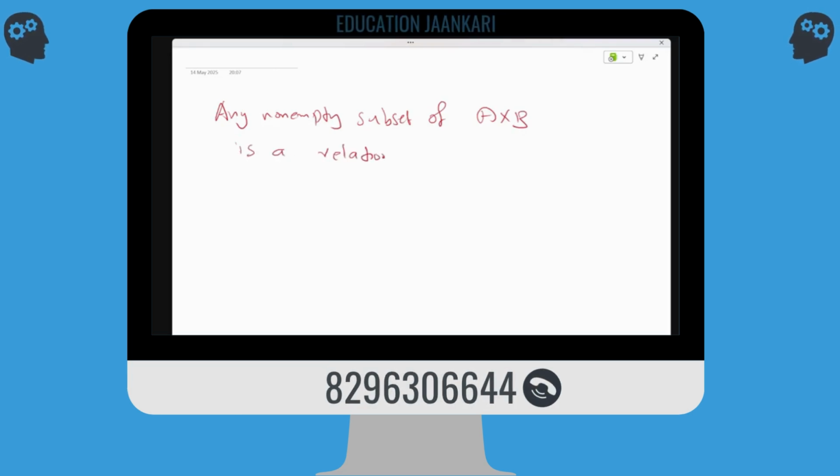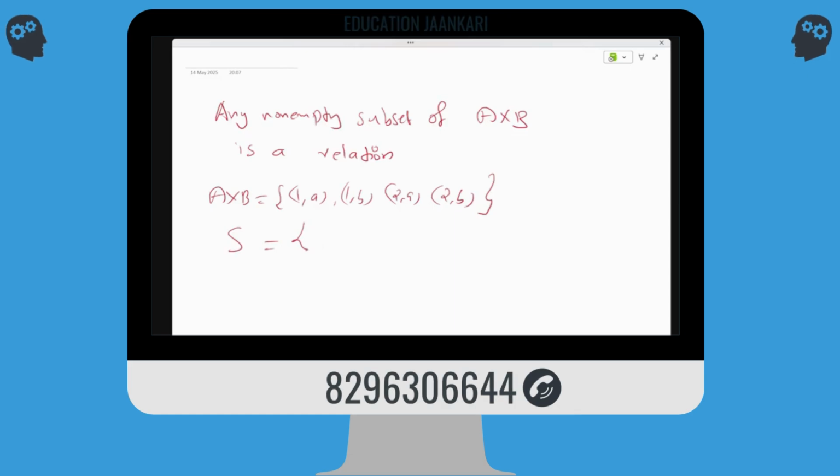So in our previous case, we already defined A cross B equal to the set {(1,a), (1,b), (2,a), (2,b)}. I am taking one subset, just one subset: (1,a), (1,b).